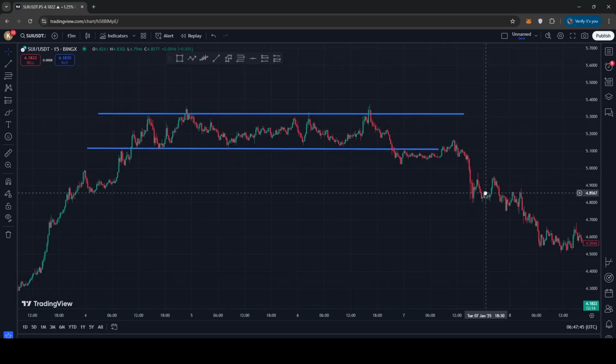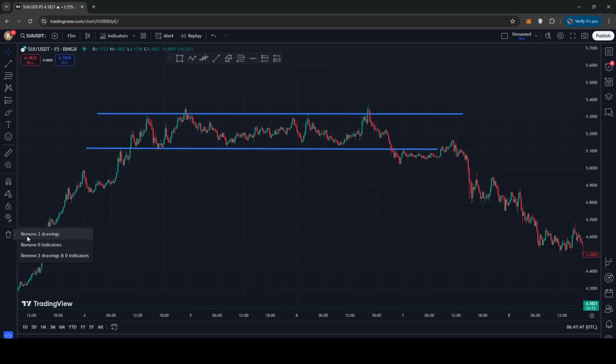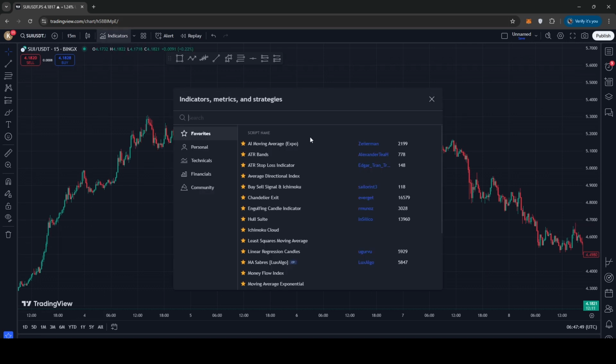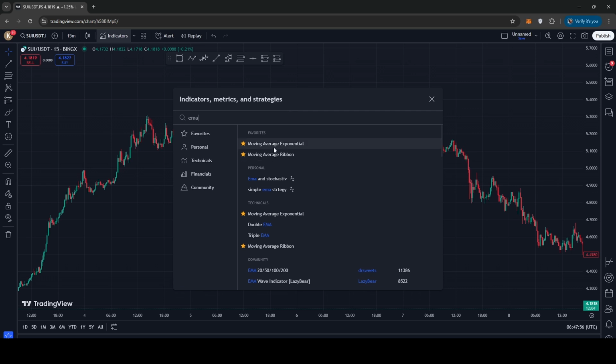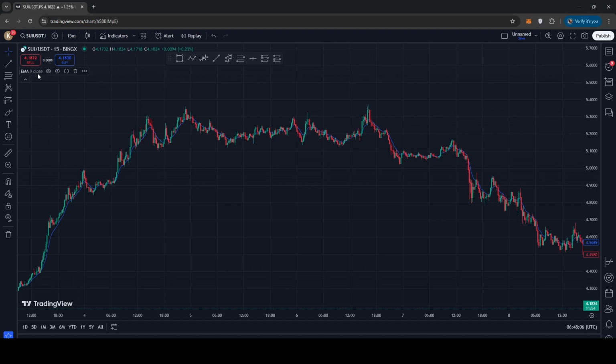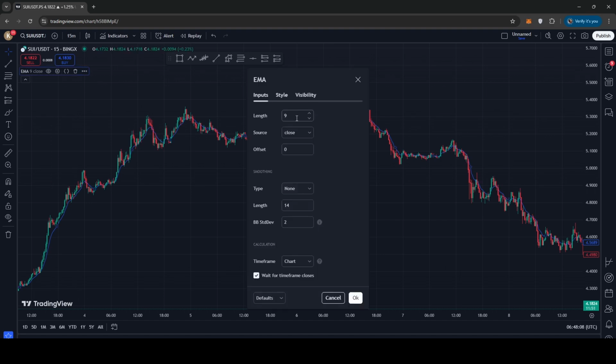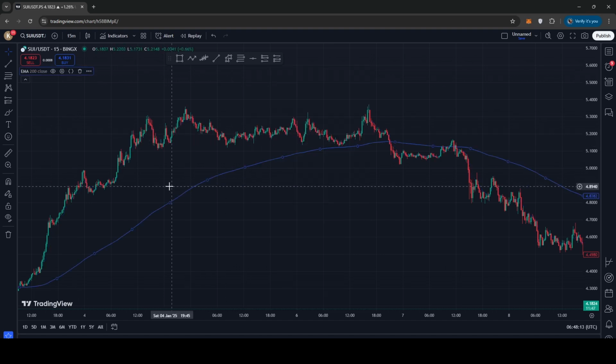But how can we find these trends and entry points? I want to use two indicators. The first one is the EMA. It's a very common indicator that every trader should use, and it's the mother of all indicators. I'm going to use the exponential moving average, go to the settings and change the length to 200. Why use 200?